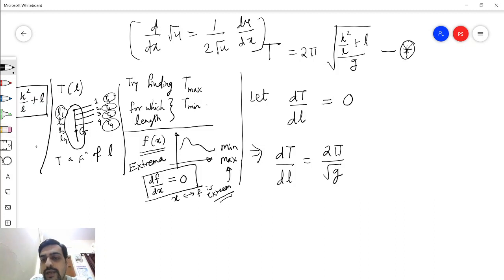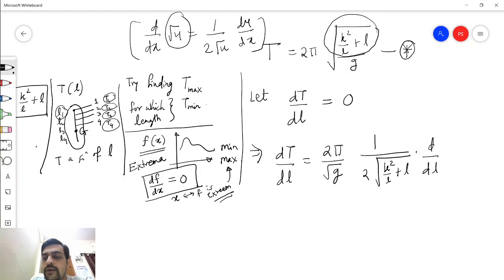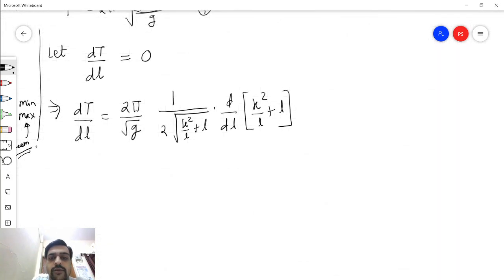This gives us 1 upon 2 root k squared by L plus L into d by dL of the term inside the root, which is u here, and in this case this is just k squared by L plus L. We can continue on the same lines, which gives us 2π by root g, 1 upon 2 root, all these things are the same.